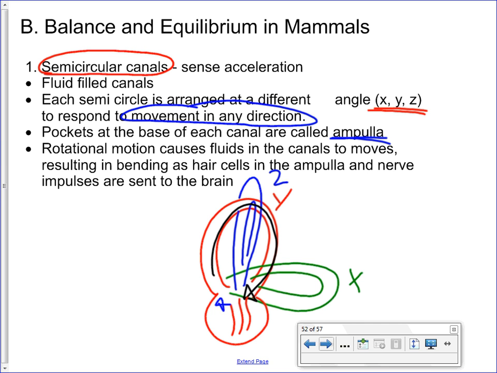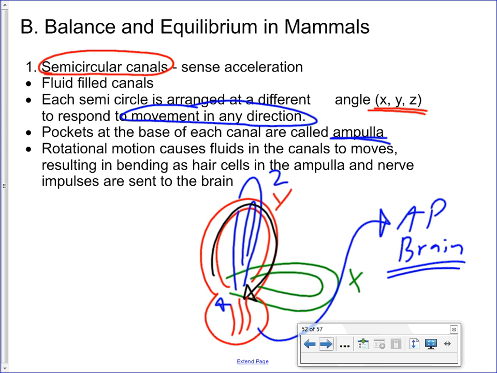That's going to generate an action potential, and as I've been saying over and over again, send a message to the brain, going to the part of the brain that's dealing with what's called dynamic equilibrium, the movement of your body, and provide information about movement in any direction that your body might be taking.